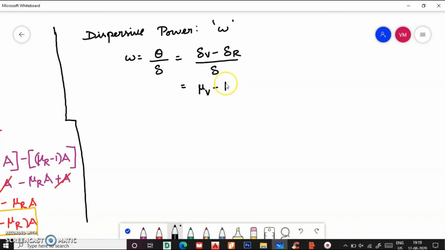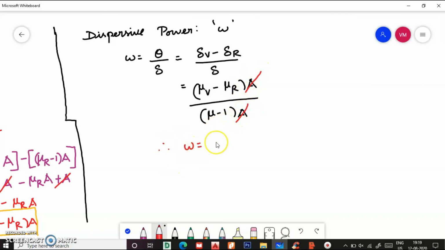So substituting the values of angular dispersion and the deviation in terms of refractive indices, you get the equation (mu v minus mu r) into A divided by (mu minus 1) into A. The angle of the prism in the denominator and the numerator can be cancelled out. You get the equation as (mu v minus mu r) divided by (mu minus 1). So this is the equation for dispersive power.